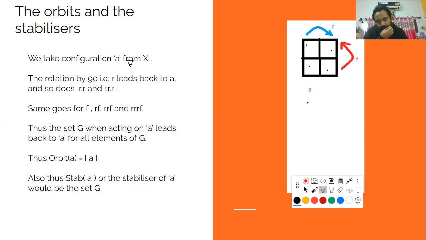So whichever way you turn it or rotate it or flip it, it will lead to A only. So the orbit of A is A. And the stabilizer of A is all the elements of the group, because all of them lead to A. So the stabilizer of A is the whole group.